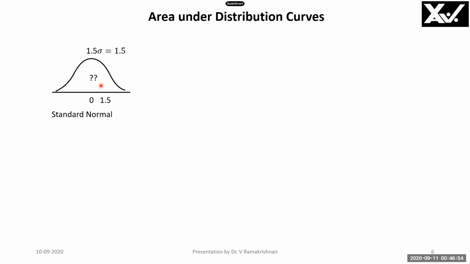Now, what is the area under this curve? The total area will be 1. Therefore, total probability is 1, or total failure rate is 1. We can take it that way also. Or the percentage is 100, or the total quantum under the curve is 1 million. So depending upon what you take as the area under the curve, the answer will be available for you.